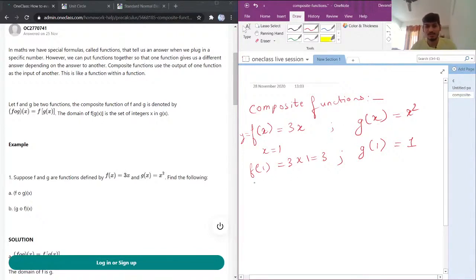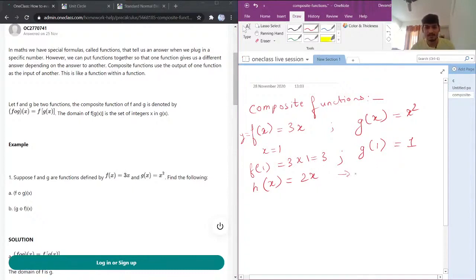We can also write one more function as h of x, which can be, let's say, 2x. As you have seen, when I put x equal to 1, I get f of 1, which is 3, and g of 1, which is 1.